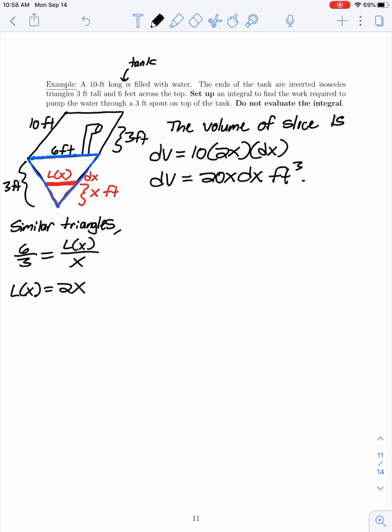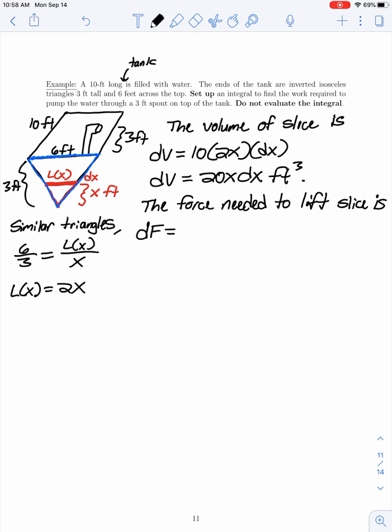Now once I have the volume, I can multiply by the weight density of water to get the force needed to lift this slice. So here, the force needed to lift this slice, we'll call it dF, would be found by taking the weight density of water.